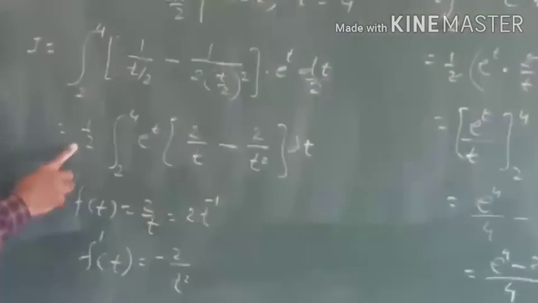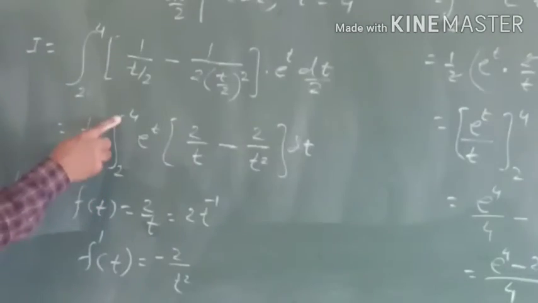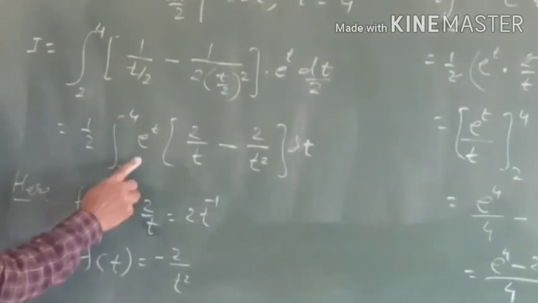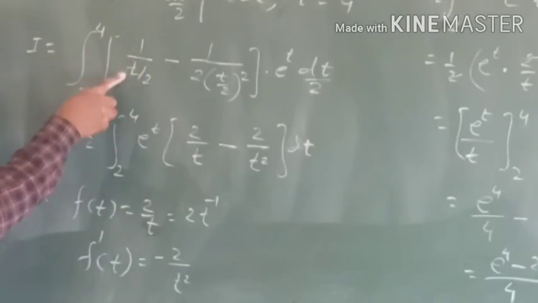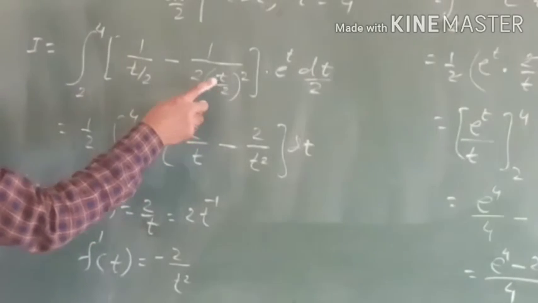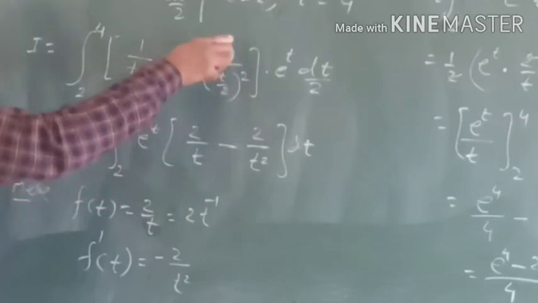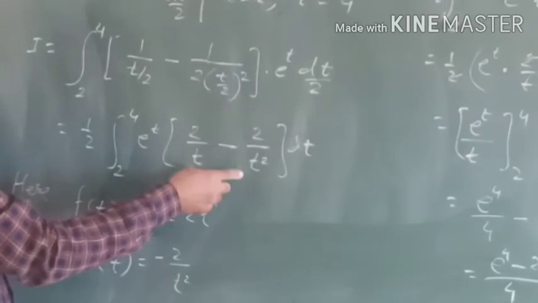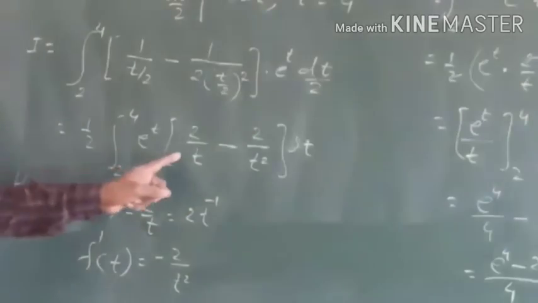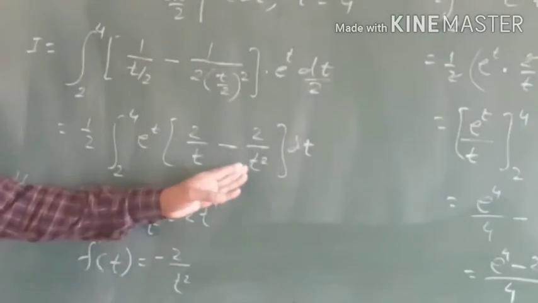So this 1 by 2 comes out, and integral 2 to 4 e to the power t first, after that it will be 2 by t minus 2 by t square. This is function f(x) and this is f dash x.